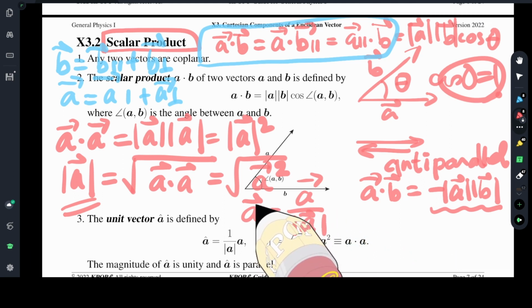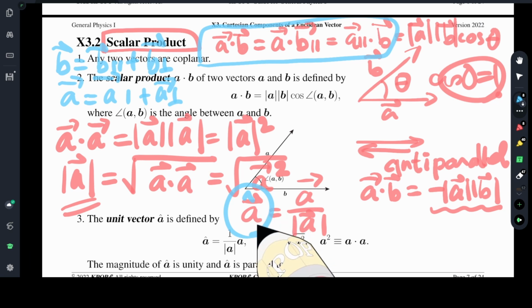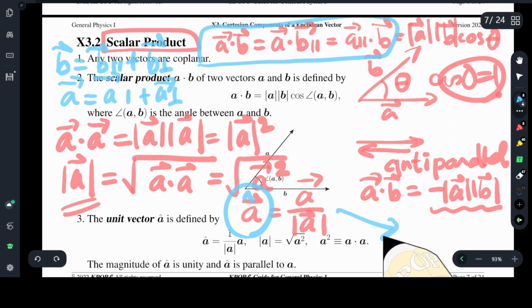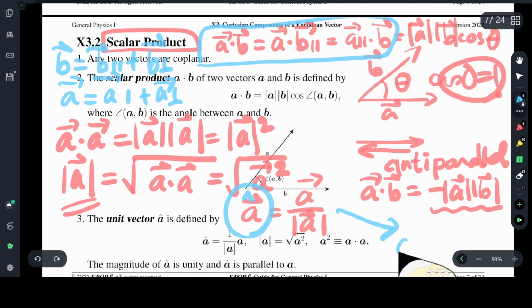Then it becomes A hat. Hat means the unit vector parallel to A. So if we make use of this notation, A hat is A vector divided by the square root of A squared.